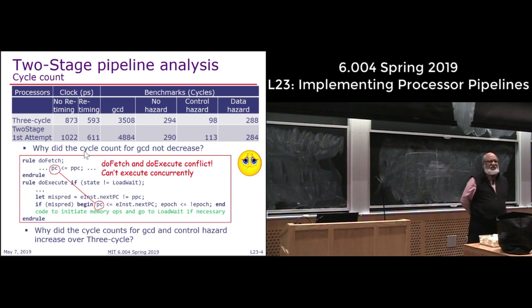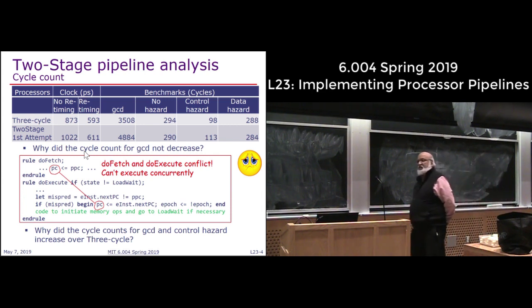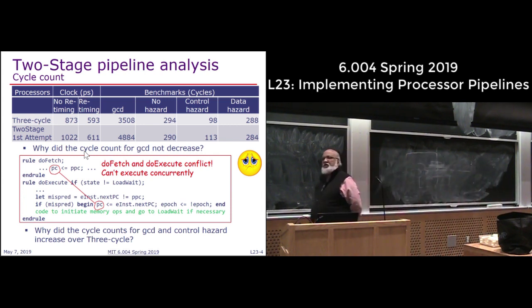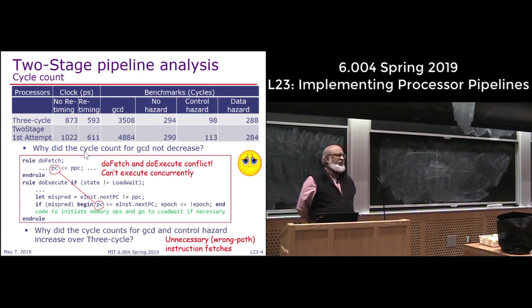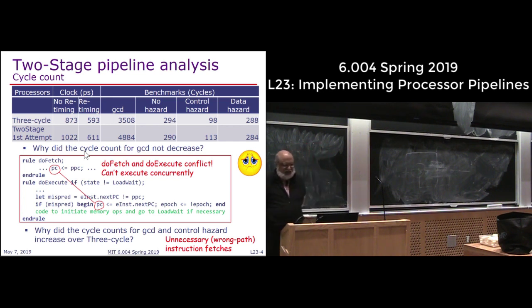That possibility doesn't exist, while it exists here, because you may have fetched something which may have to be thrown away, and that will contribute. Unnecessary wrong-path instruction fetches. And if you do the calculation, you can figure it out. If there were so many branches here, every time you have a wrong-path instruction, you're doing an extra instruction fetch, and that will contribute an extra cycle to this. All right?